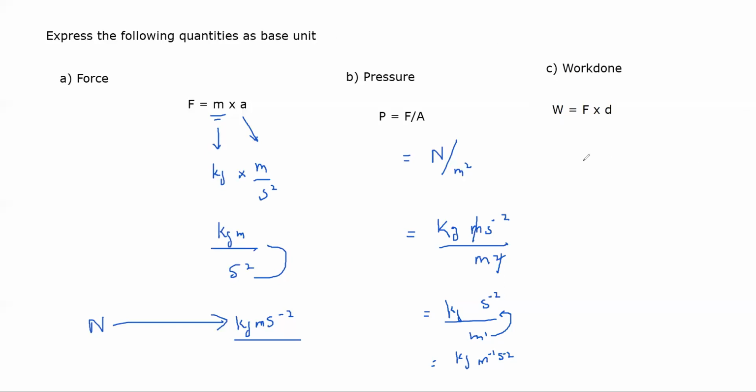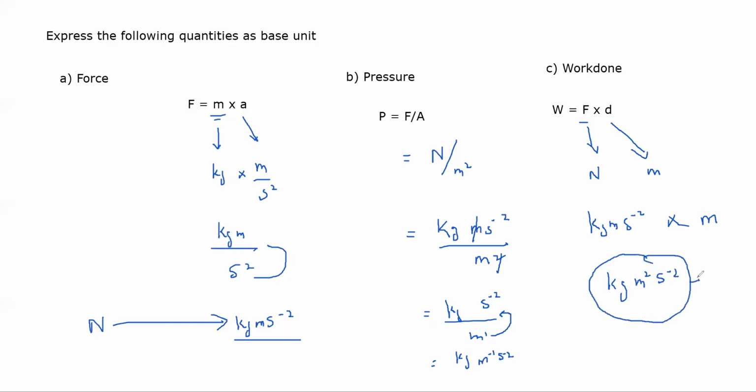The unit of force is Newton and the unit of distance is meter. What is Newton? Newton is kilogram meter second raised to power minus 2, and this is multiplied by meter. So when we multiply, it will become kilogram meter square second minus 2. So it shows that kilogram meter square second minus 2 is equivalent to joules.